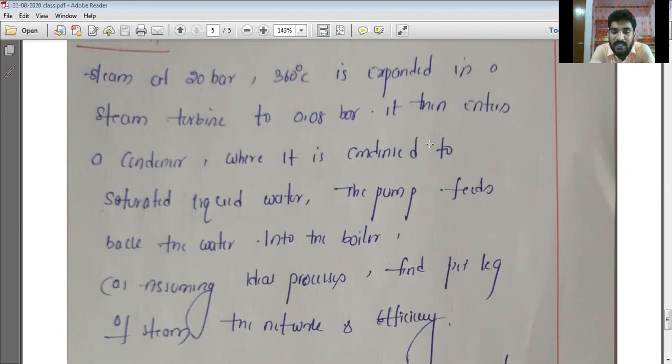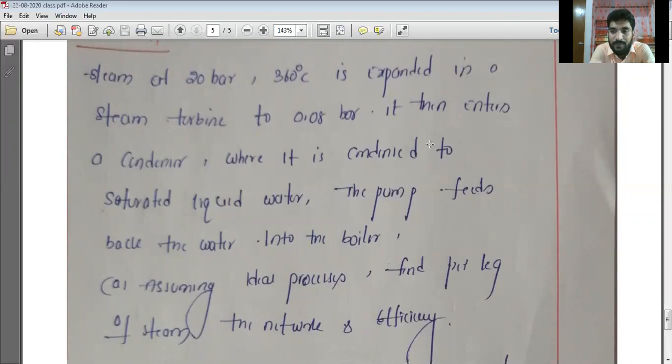It then enters a condenser where it is condensed to saturated liquid water. The pump feeds the water back into the boiler. This is one cycle, an ideal Rankine cycle.